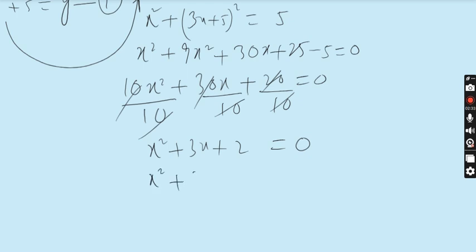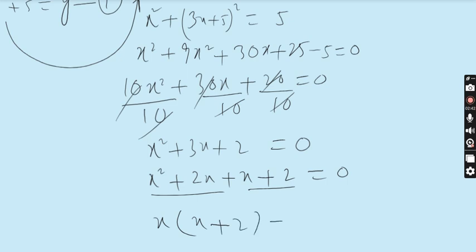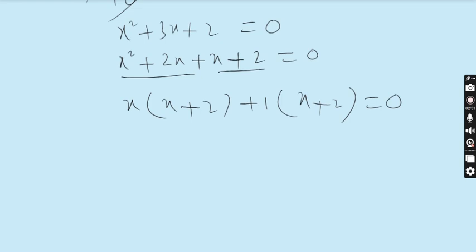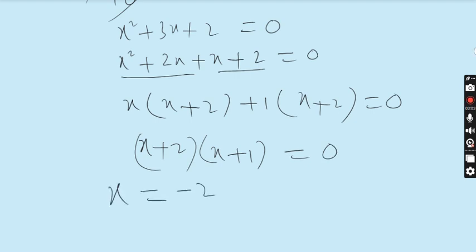Apply the middle term break method: x square plus 2x plus 1x plus 2 equals 0. It is (x plus 2)(x plus 1) equals 0, so x equals negative 2 and negative 1.